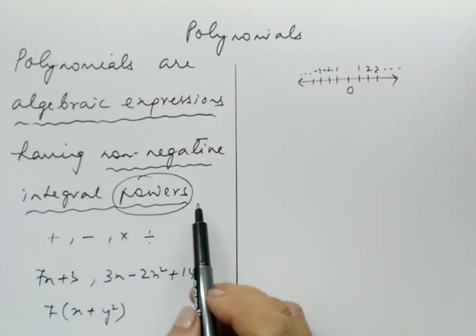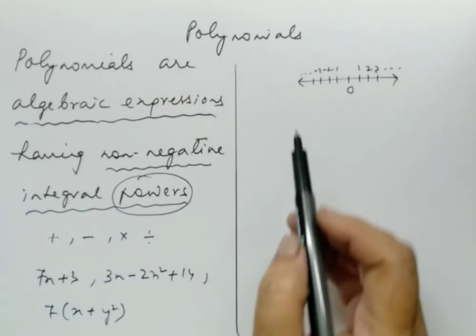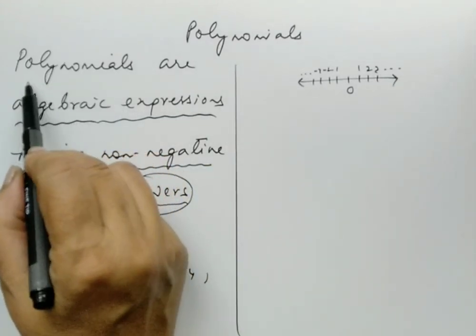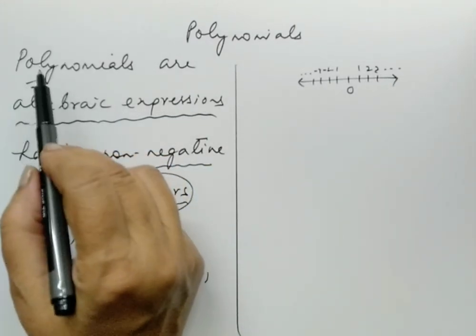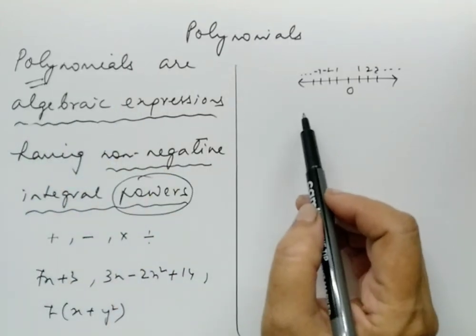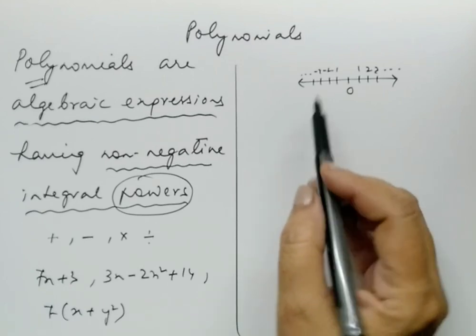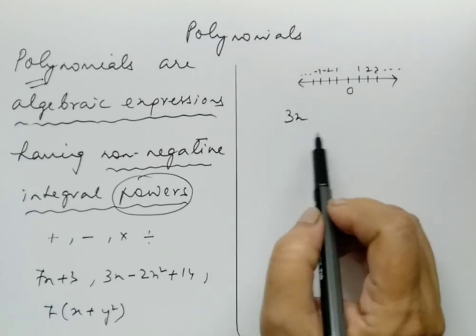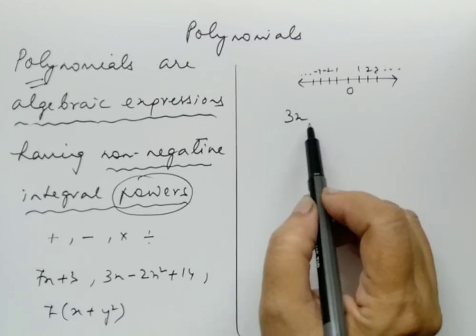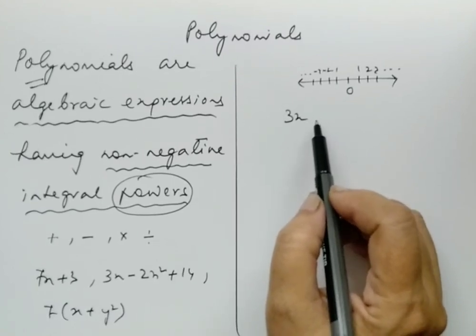So you have got to remember that it will always have non-negative integral powers. This will become clear if I give you an example of a polynomial. Remember guys, poly means many, so it comes in many shapes and sizes. Even 3x is a polynomial, a kind of polynomial which we refer to as a monomial.